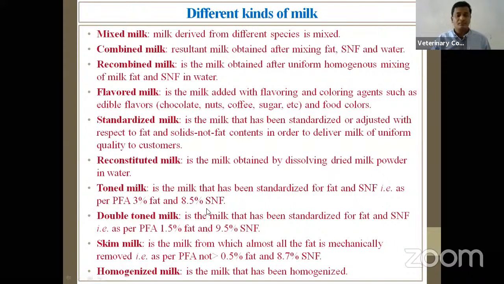Nandini sells these products in different colored covers. See the packets, the red color or blue color, you can differentiate toned and double toned milk. Skim milk is the milk from which almost all fat is mechanically removed. Say, for example, less than 0.5% fat, which is having about 8.7% of SNF.